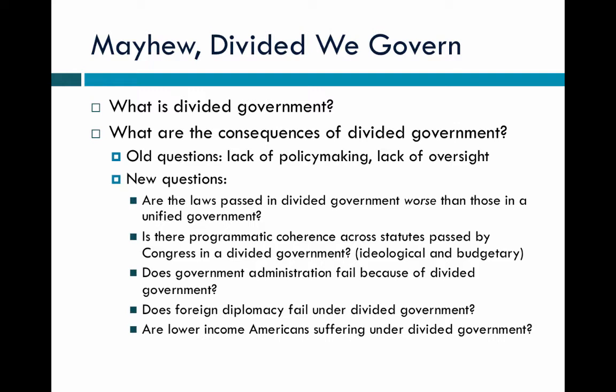And he points to the fact that we might think of the New Deal or the Great Society as evidence that you need single-party control of all 3 of those entities. But he says that outside of those 2 major programs, there's not evidence to support this claim. So overall, what Mayhew is talking about is that we actually have learned to govern ourselves when we have divided government. So those are 2 of the 3 readings this week.